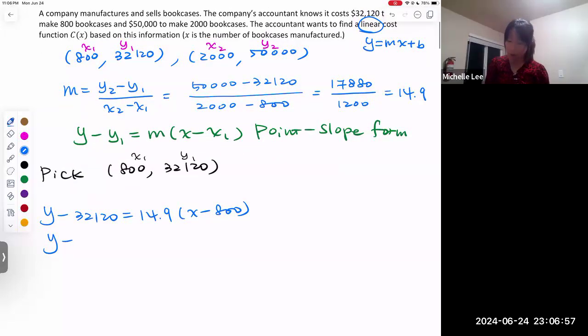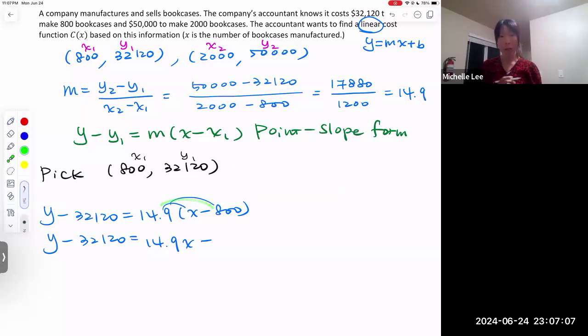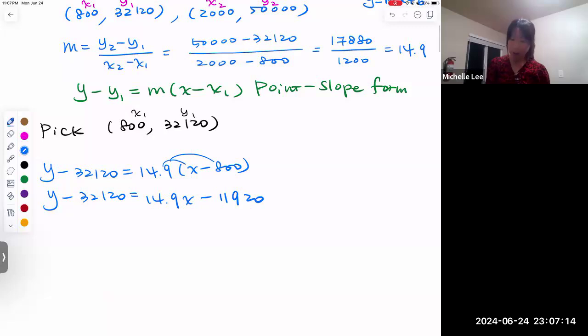So y minus 32,120, we distribute, 14.9x minus, we multiply this, we get 11,920. And then we add 32,120 to both sides.